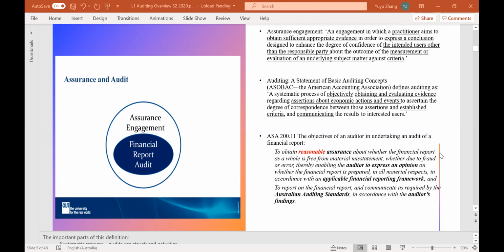And also all assurance engagements are based on certain established criteria upon some underlying subject matters. And all engagements should finally have a final product of the audit or assurance report in written form.